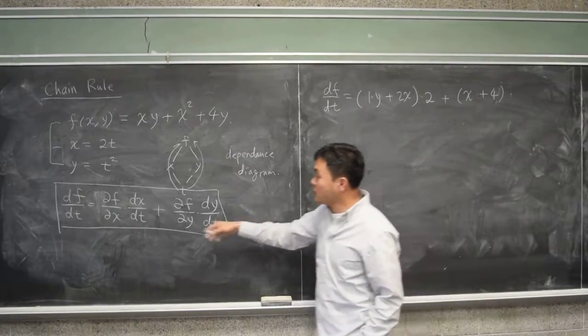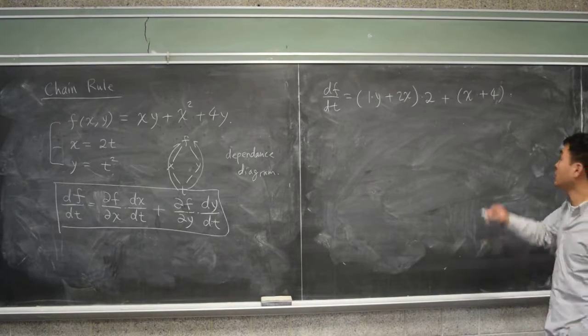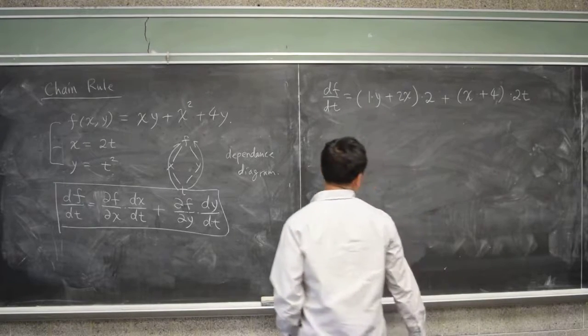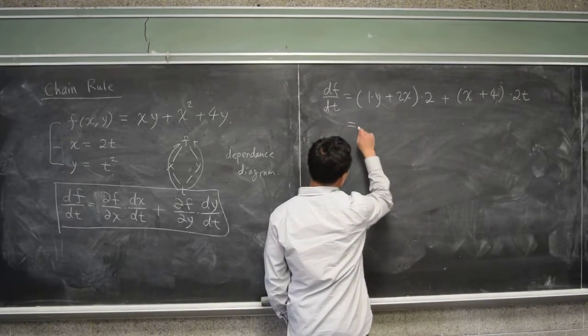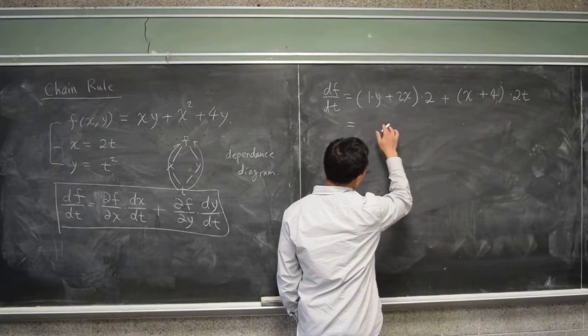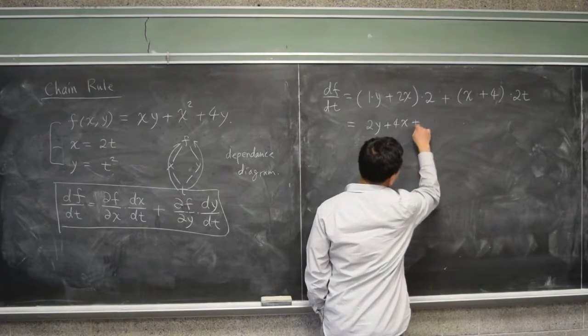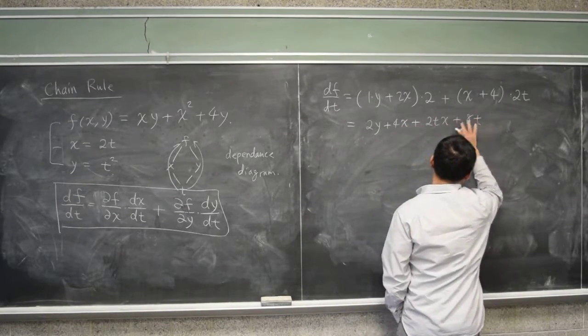And then what's dy dt? 2t. So apparently that's our answer. So let's try to simplify this. It's 2y plus 4x plus 2tx plus 8t.